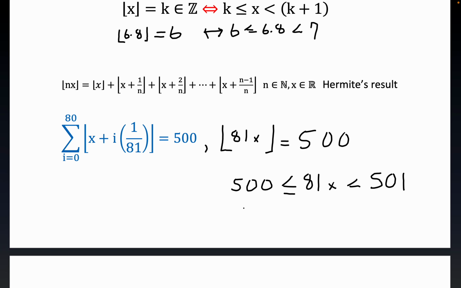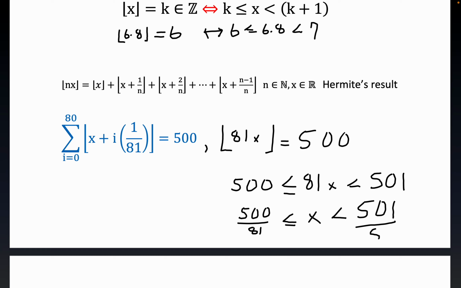You're going to get 500 over 81 less than or equal to x, less than or equal to 501 over 81. Now we have x trapped between these two values.